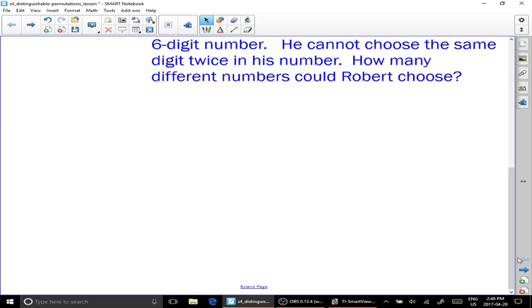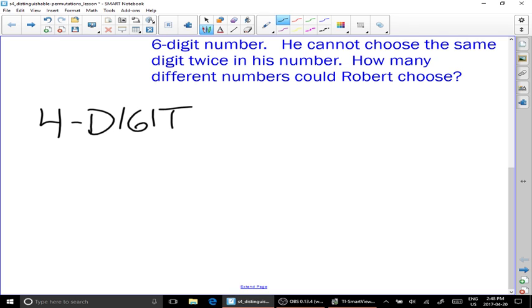Okay? So if we think of the 4-digit numbers, how many ways can Robert choose the first digit of the 4-digit number? It's 10.